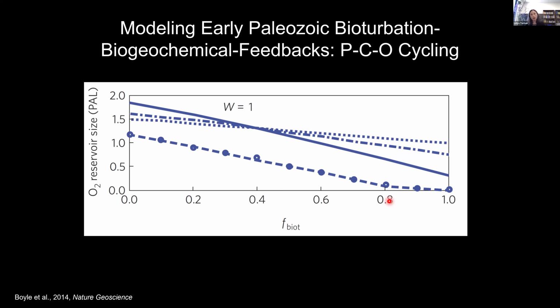Whereas in oxic and bioturbated sediments, it's been suggested that phosphorus would be preferentially sequestered and buried in seafloor sediments due to scavenging by iron oxides.